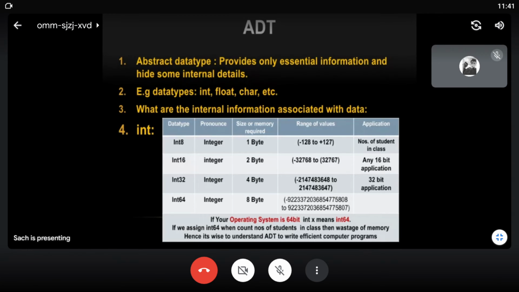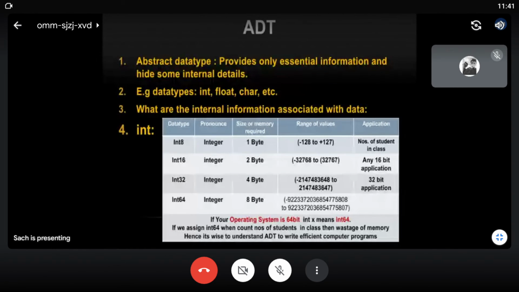Fine. So you just observe the first column, that is data type. Over here you can see that it has various options, that is INT 8, INT 16, INT 32 and INT 64. In practice, we all call it the integer data type.